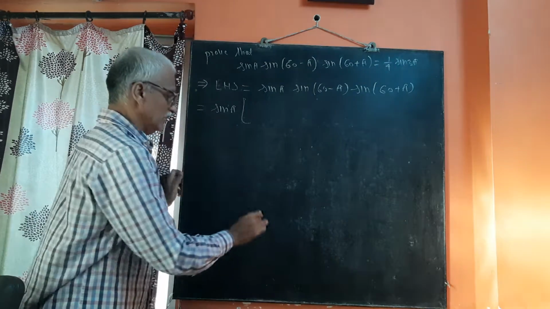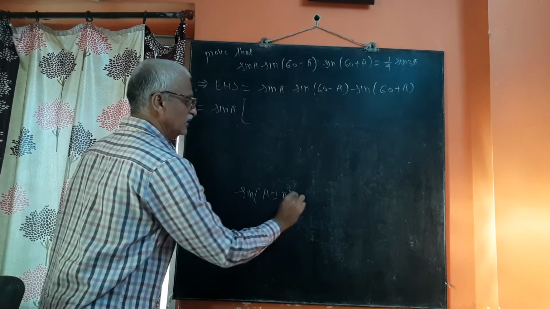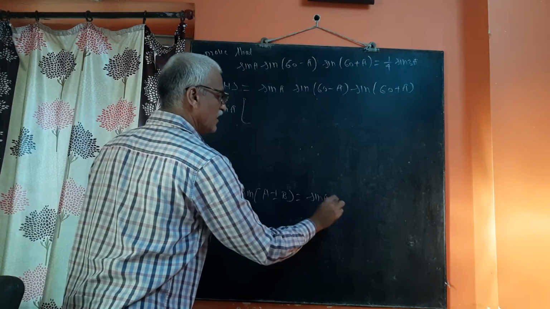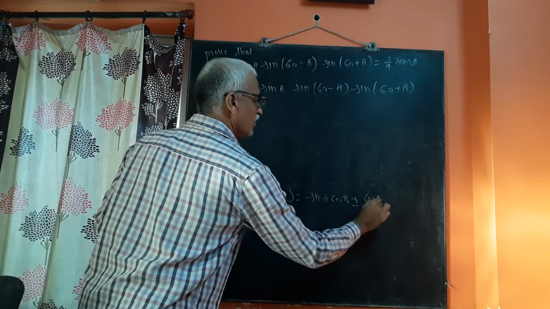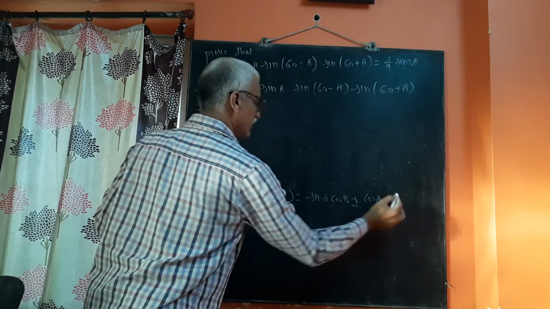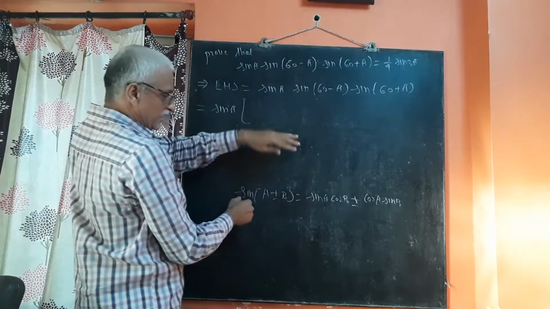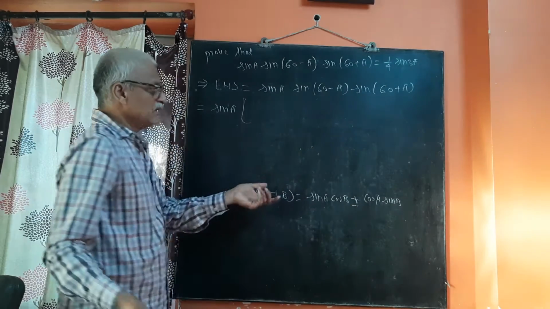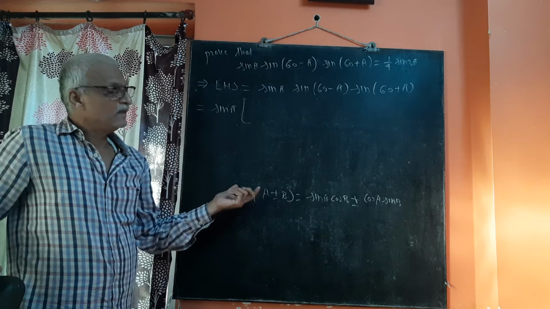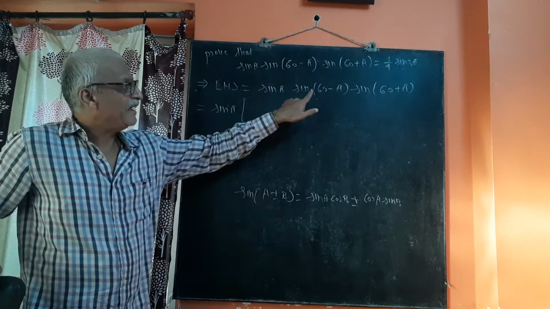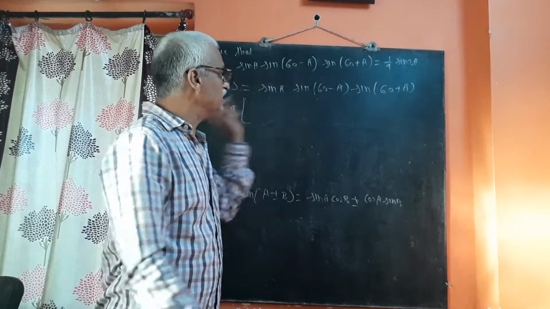We have sin of a plus minus b is equal to sin a cos b plus minus cos a sin b. If here it is plus, then there will be plus. If here it is minus, then there will be minus. So you have to apply the compound angle formula for sin a minus b here and sin a plus b here. That means you have to apply both the formulas in this case.